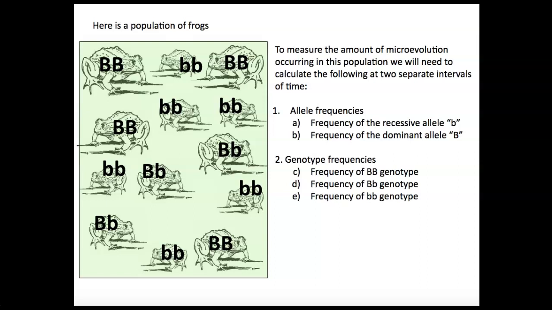For the first set, the allele frequencies, we have to calculate the frequency of the recessive allele, little b, and the frequency of the dominant allele, big B. We can also look at the frequencies of the different genotypes: the frequency of the homozygous dominant or big B big B genotype, the frequency of the heterozygous or big B little b genotype, and the frequency of the homozygous recessive or little b little b genotype.